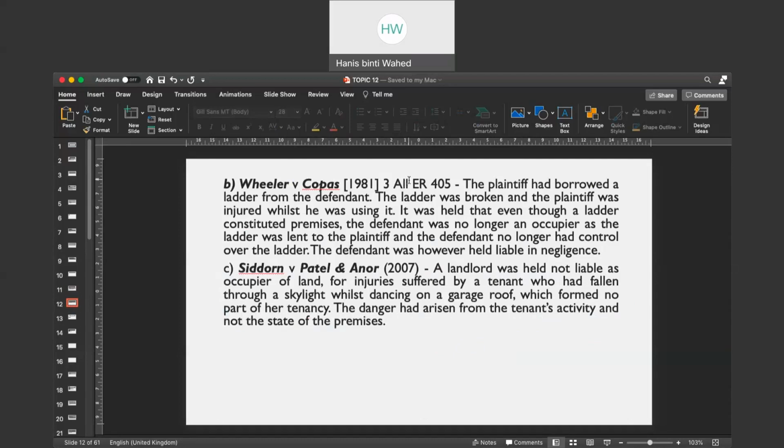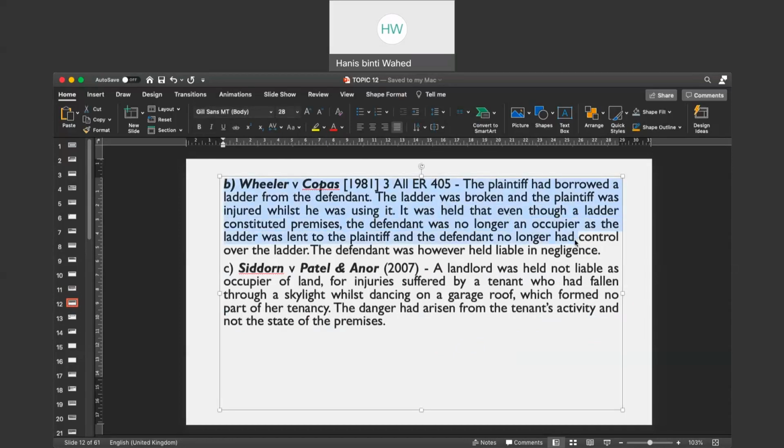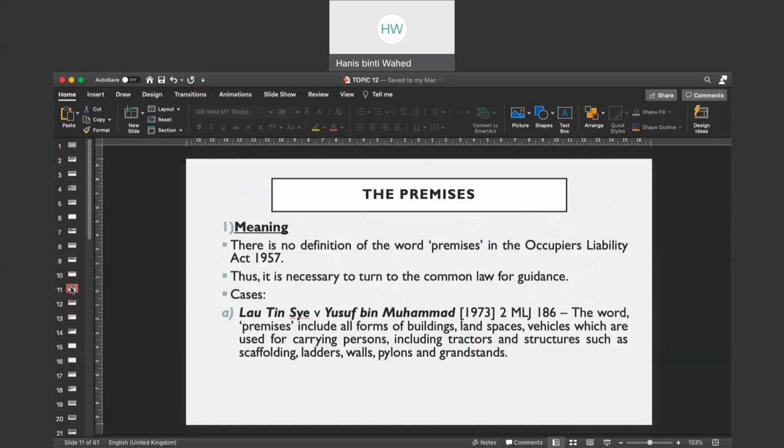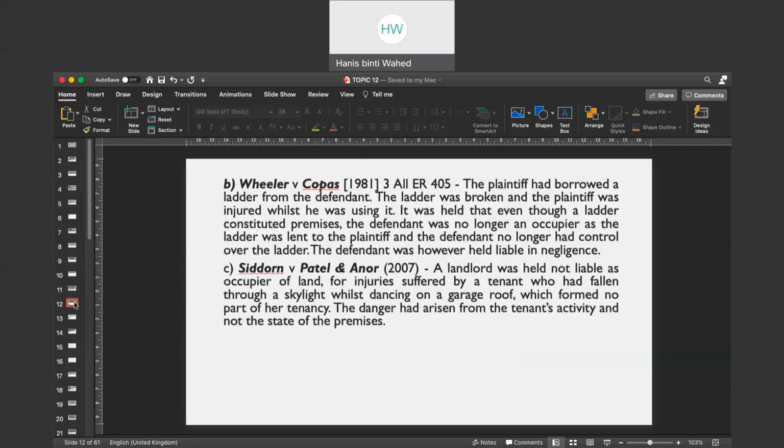And because of that, after looking at all the evidence, the court held that the defendant was liable in negligence in the case of Wheeler. Okay, all right. So we already discussed who is the occupier, who we can consider as an occupier, and then we discussed premises, the meaning as stated in the case of Lautin C, and you can also refer to other cases, especially the case of Wheeler and etc. Okay.